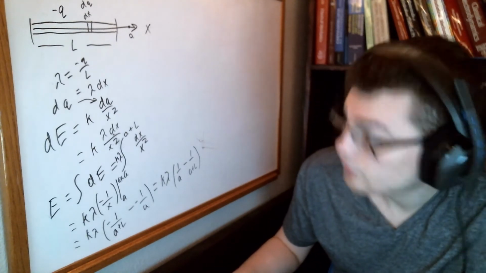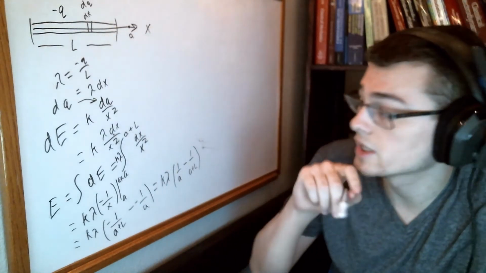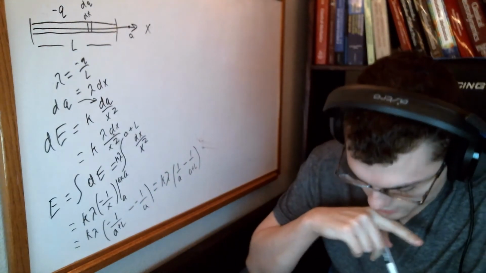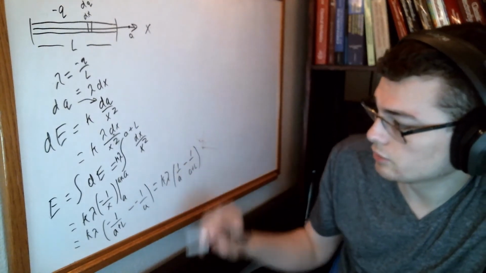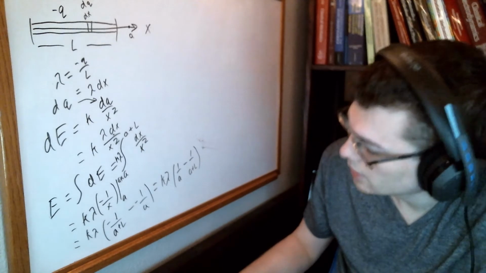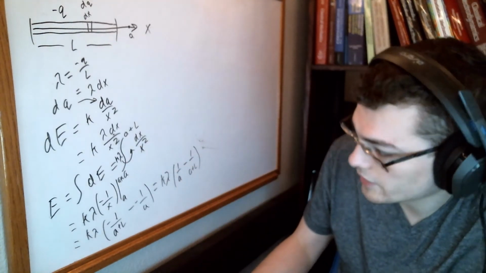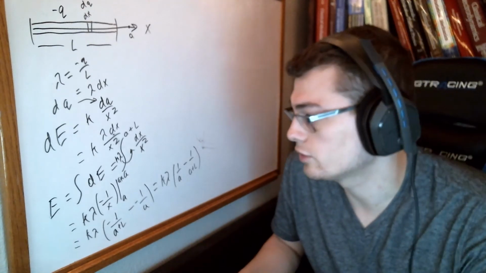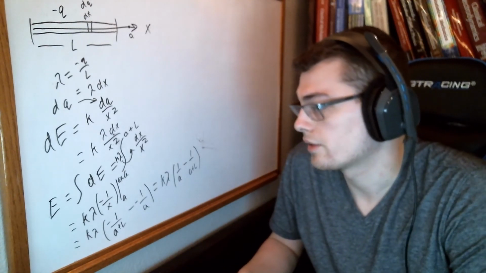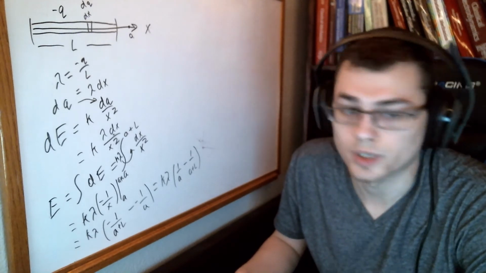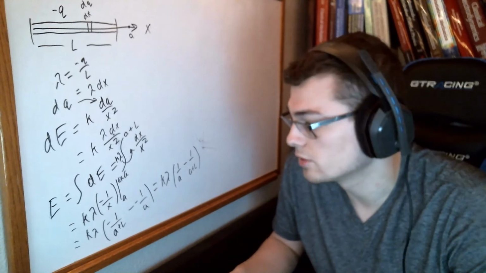So now if we were going to go back and talk about if this charge density varied, you would get a different answer. The integral would look very similar, but then you would have to bring L back into the equation here, and then the integral becomes a little more difficult depending on whether lambda depends on a trigonometric function or a polynomial function.